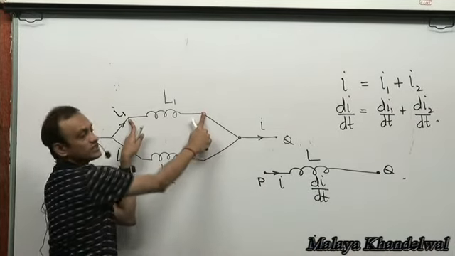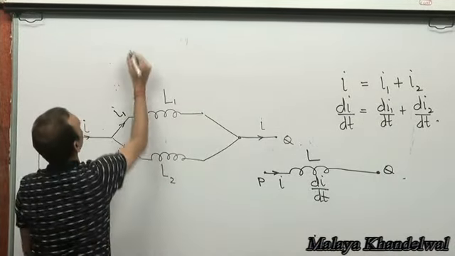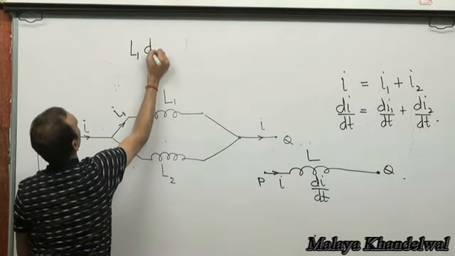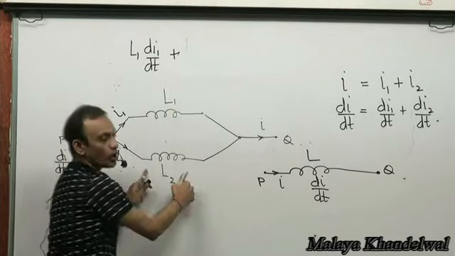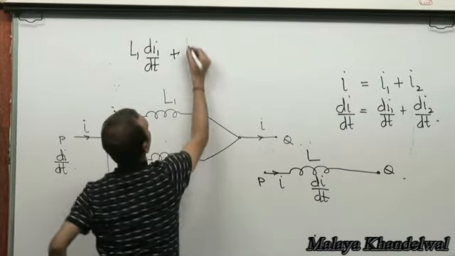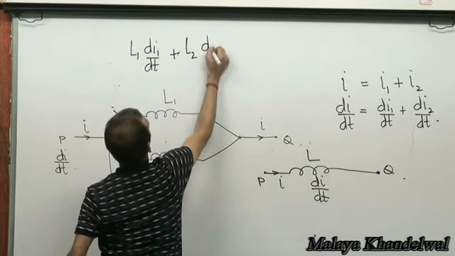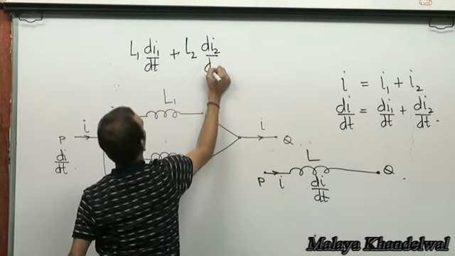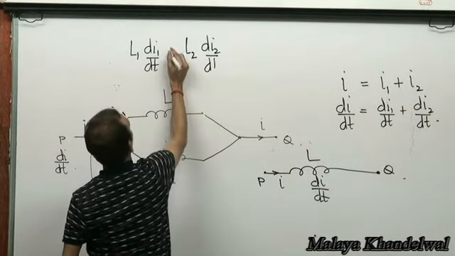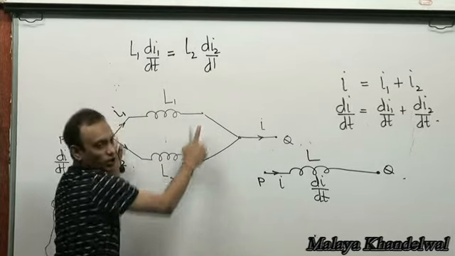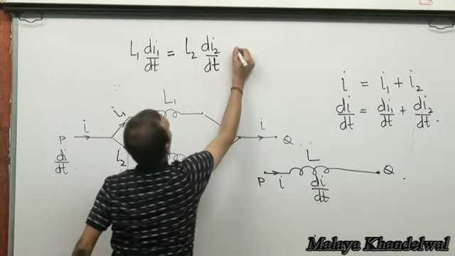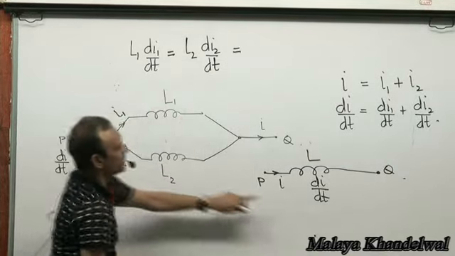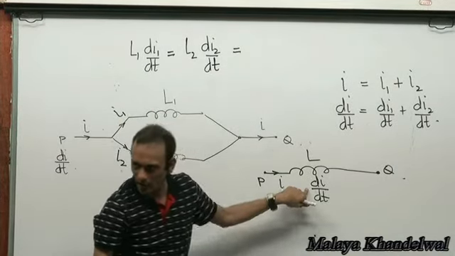What's the drop across this? L1 dI1/dt. What's the drop across this? L2 dI2/dt. I'm sorry, equal to. Because they are in parallel, the drop across this must be the same as the drop across this, and both in turn must be equal to L di/dt, the drop across this.